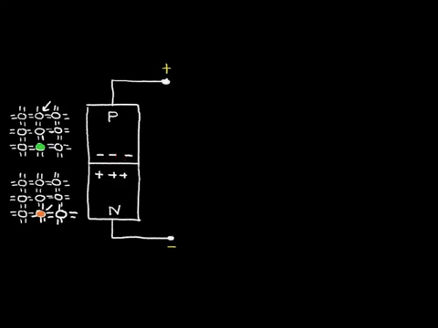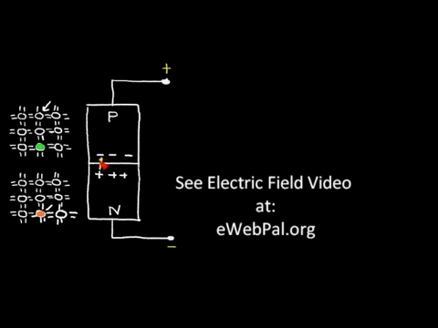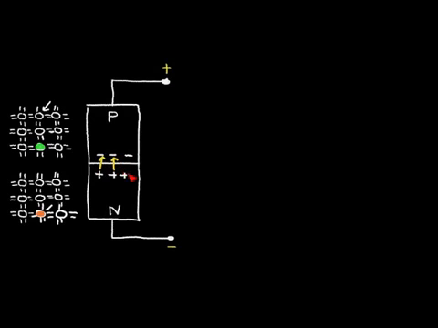Now, the interesting thing that happens is that this charge imbalance produces an electric field that points from the positive to the negative. So here we have an electric field in this region between the P material and the N material.